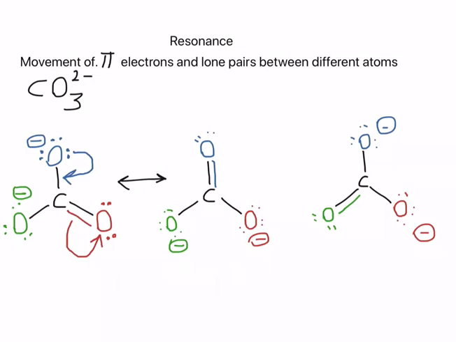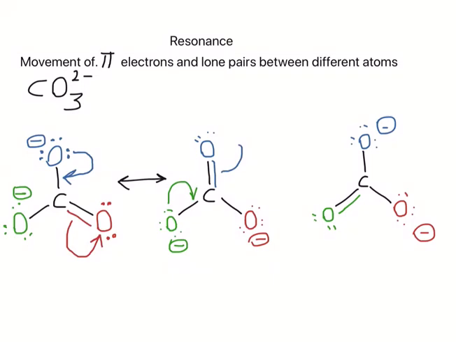And we call these 2 resonance forms, and we use an arrow like this, a double-headed arrow, which means these 2 structures are resonance forms.